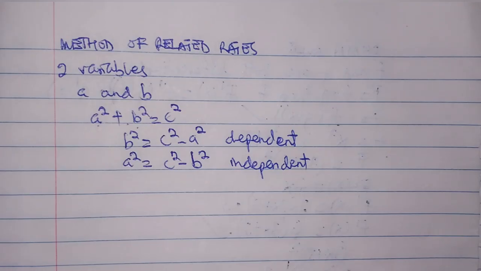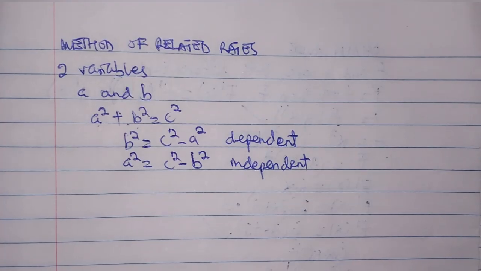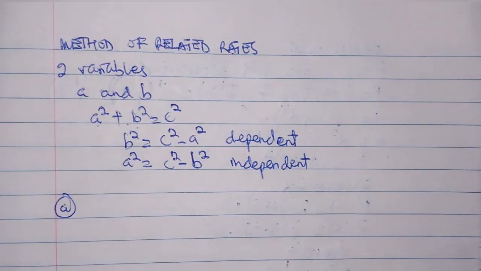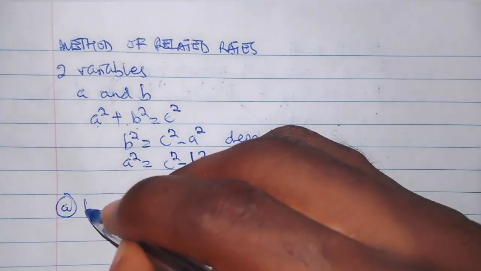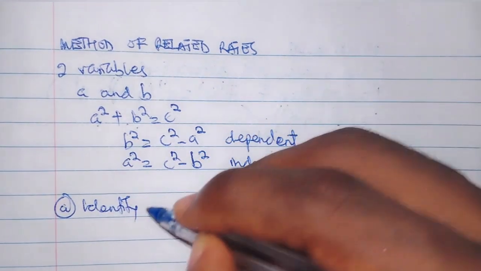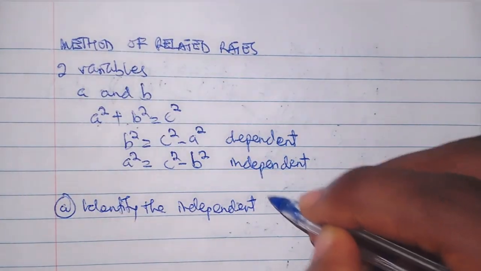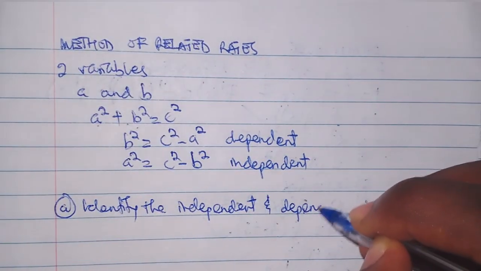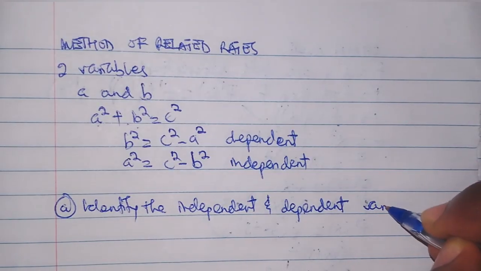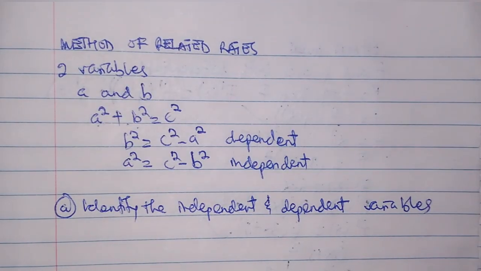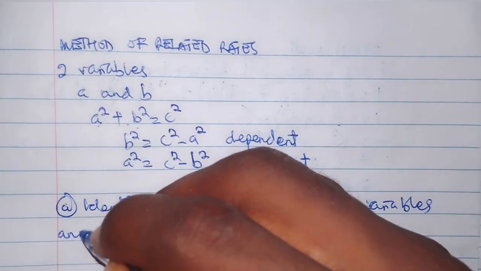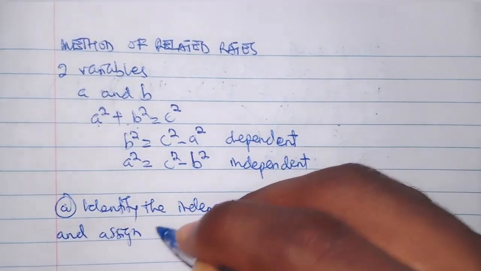Right? So let's take the steps for using related rates. The first step is to identify the independent and dependent variables and assign symbols to them.